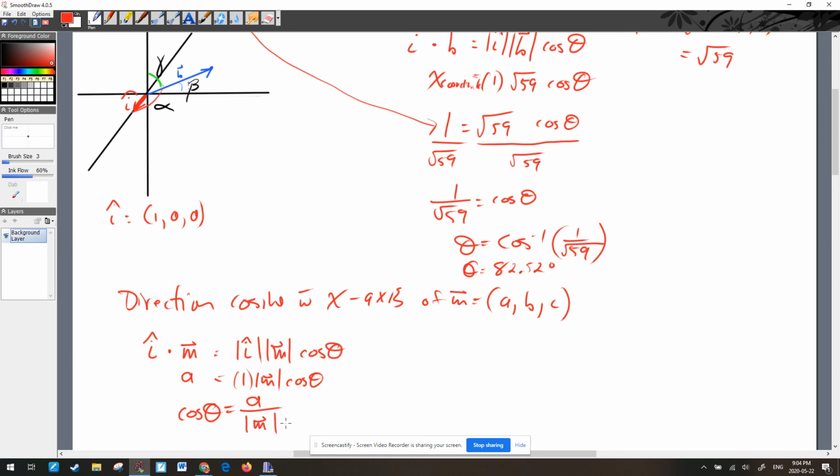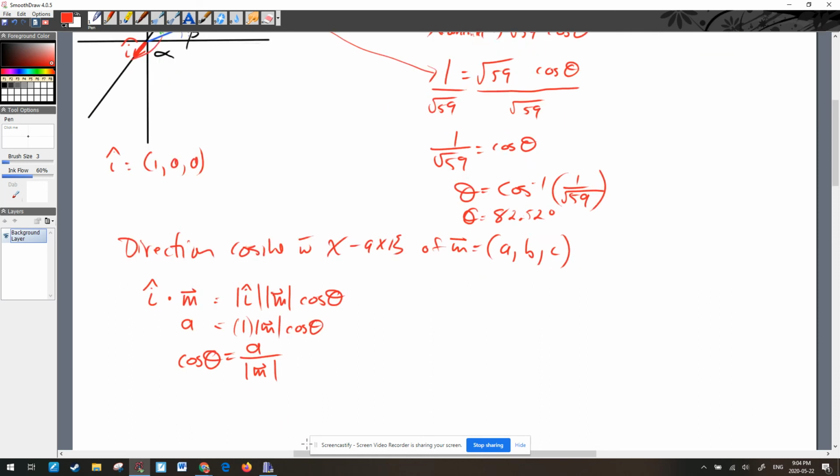Okay. And similarly for the other axes, right? So that's with the x-axis. If we want to do it with the y-axis for the same thing, it would be the j hat vector dotted with vector m is equal to the magnitude of j hat times the magnitude of vector m times the cosine, and really I should have done alpha and beta, but whatever, you know what I'm talking about.